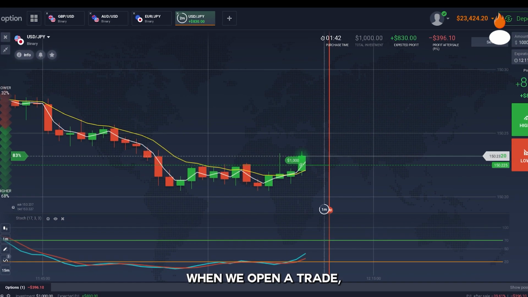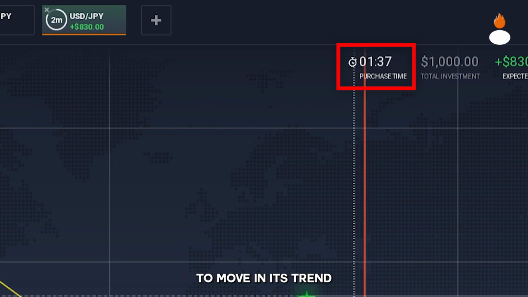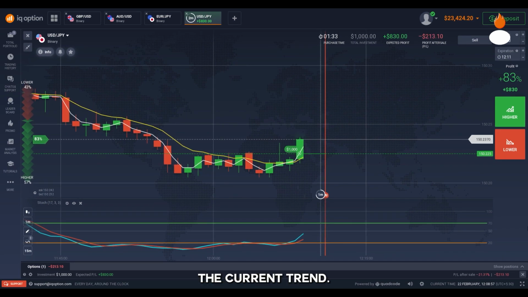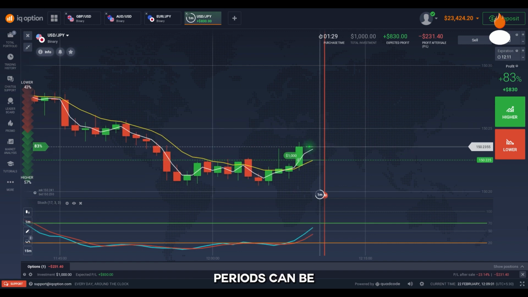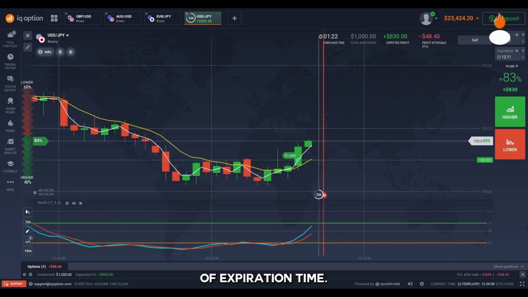Also, remember, when we open a trade, we need to give some time to the market to move in its trend. Because the market is always fluctuating, it's important to follow the current trend. So, opening trades with very short time periods can be very dangerous for this strategy. Therefore, open a trade with at least 2 or 3 minutes of expiration time.